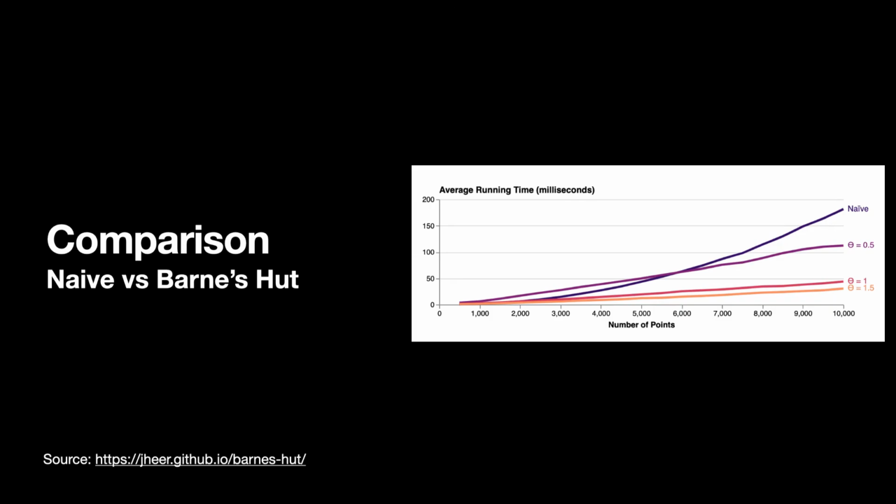Okay, so finally, I would like to show you some data that was taken from J. Heers' GitHub. I'm not sure if that's the right pronunciation. I really suggest you check out their page because they visualized all the steps for the Barnes-Hut algorithm in a very entertaining manner, and that is also very helpful.